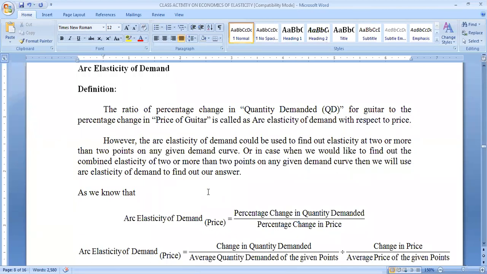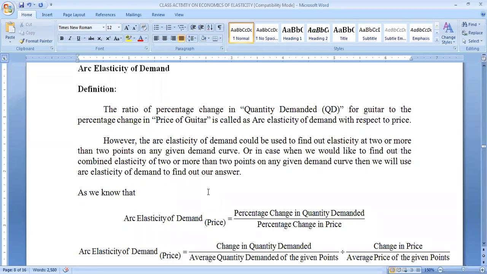However, the arc elasticity of demand could be used to find elasticity at two or more than 2 points on any given demand curve or supply curve. In case we would like to find the combined elasticity of two or more than 2 points on any given demand curve, then we will use arc elasticity of demand to find our answer.